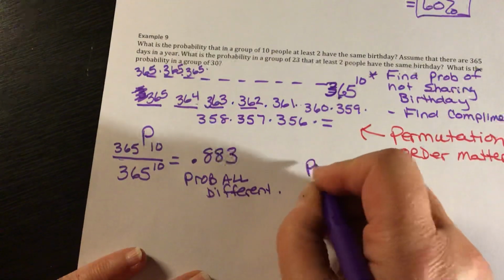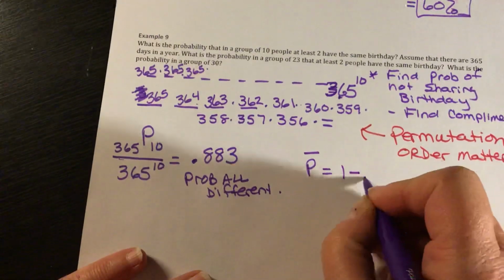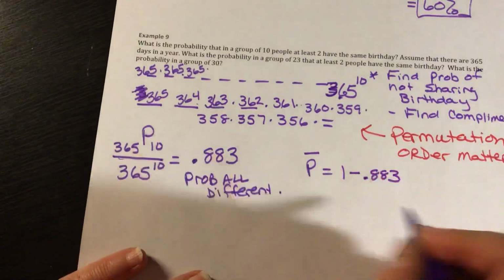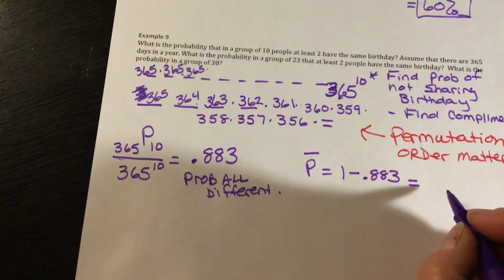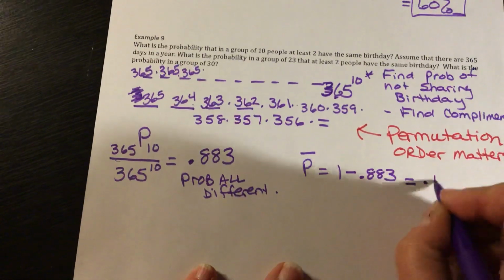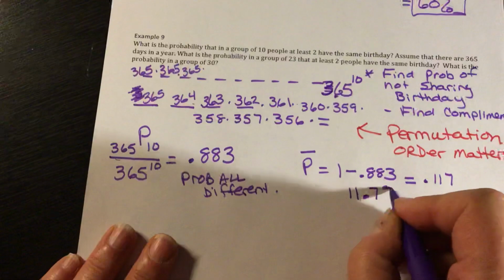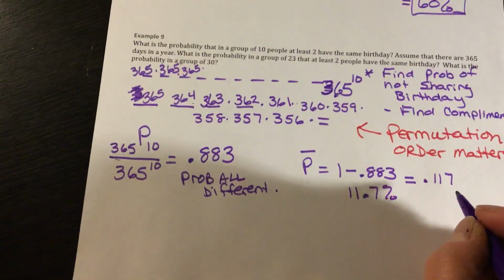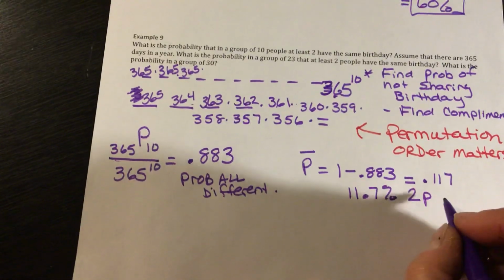This is the complement, which is 1 minus 0.883, which is 0.117, or 11.7% that two people share the same birthday.